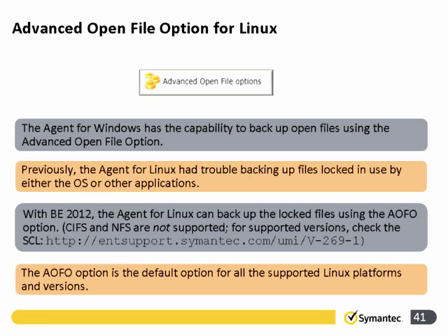So the advanced open file option for Linux is by default there, and it's supported for all Linux platforms, but it allows us to back up open files with a lock on the cache, so we are not interrupting the open file itself. If you'd like more information on that, you can see the software compatibility list that's on the screenshot.